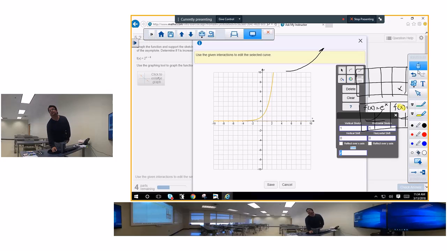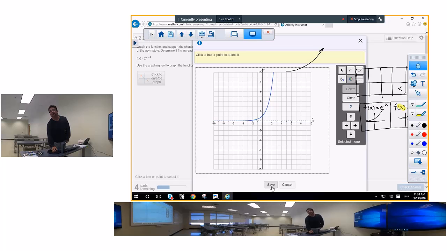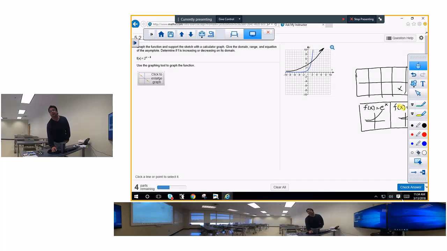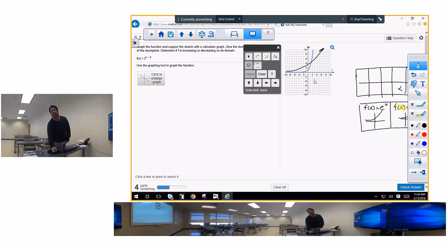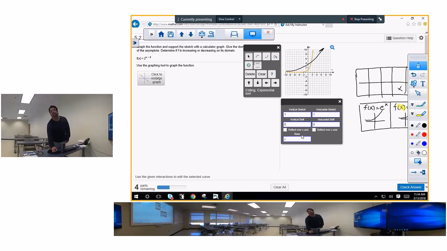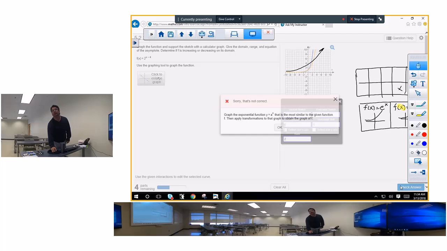Really? Well, save, hit enter, check answer. Okay, it wants the 2. So let me do it again. Backspace 2. There we go. And check answer. Well, for some reason it's not taking it.